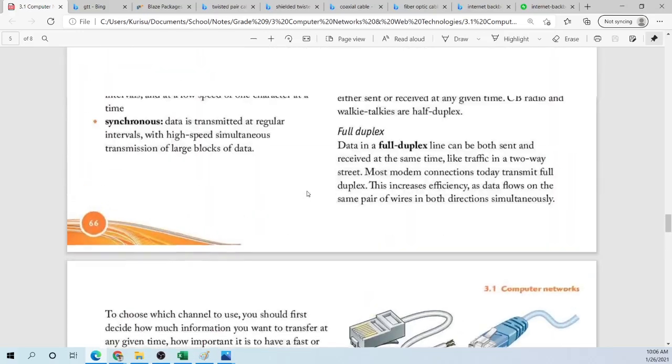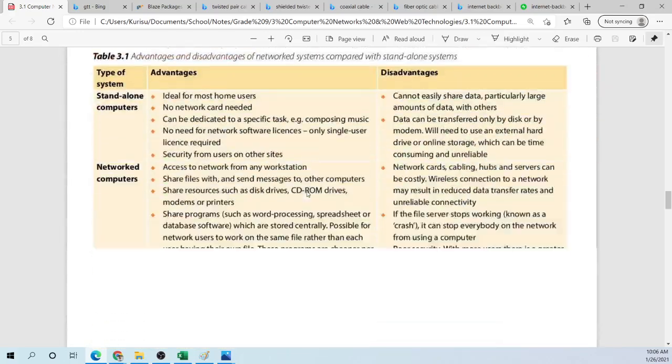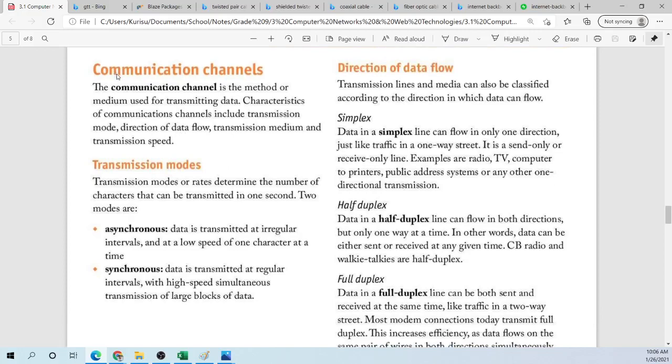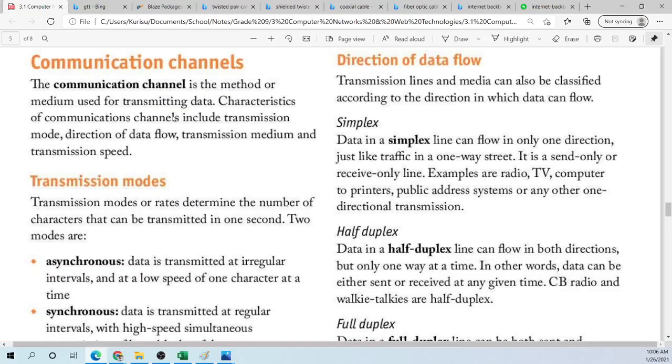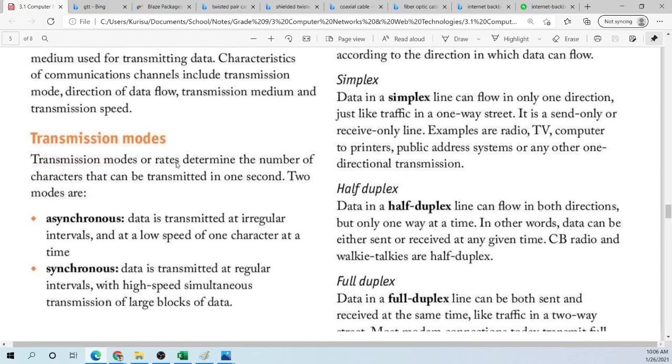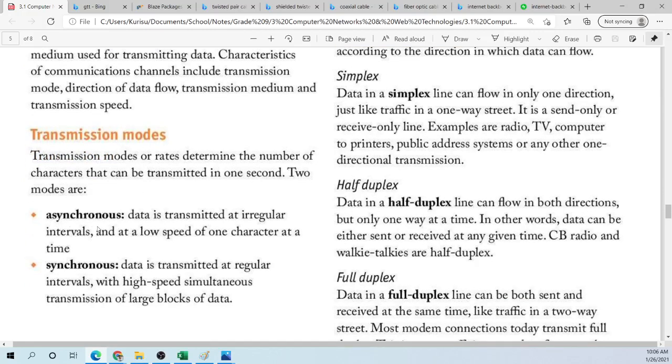So, in review of what we looked at today, we looked at the communication channel. What is a communication channel? It is a method used to transmit data. It has four characteristics: the mode, the data flow, the transmission medium, and the speed. For the transmission mode, there's asynchronous and synchronous.